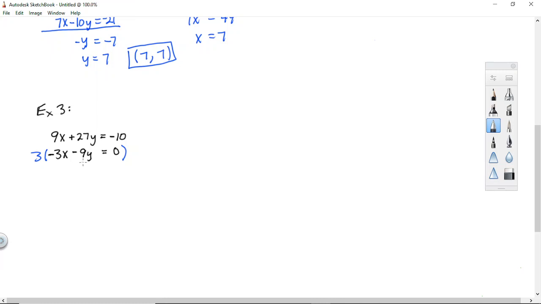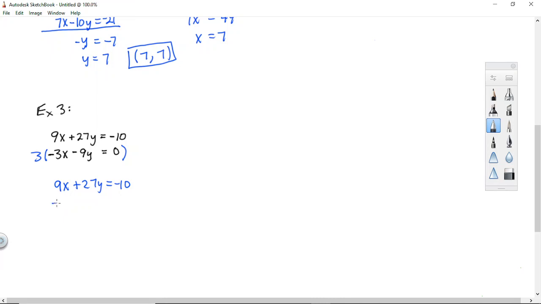Okay, so what we get then, we'll rewrite both of these. The top one didn't change, so we just rewrite it down here the same as it was. The bottom one we're going to write what we get when we multiply every term by 3. Every term on both sides, of course.